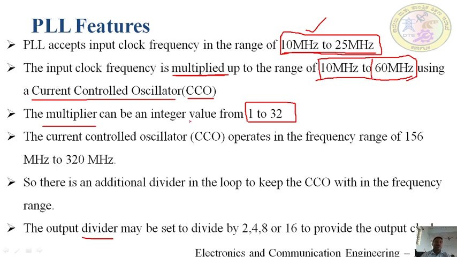So practically this multiplier value cannot be more than 6, and the current controlled oscillator operates in the range 156 MHz to 320 MHz.